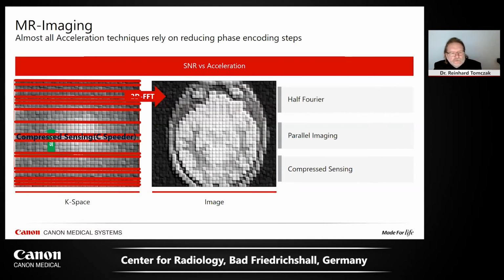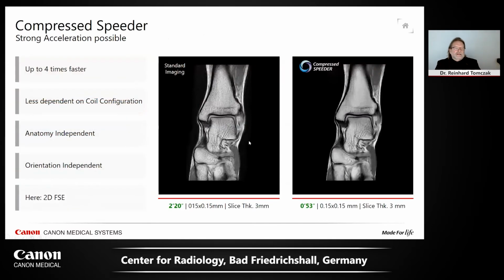Compressed sensing has been well known since, I guess, 2016, and it's the same as Compressed SPEEDER, which is the name used by Canon. Compressed SPEEDER means we have a strong acceleration. Besides AiCE, you can combine it with AiCE. It's up to 4 times faster.